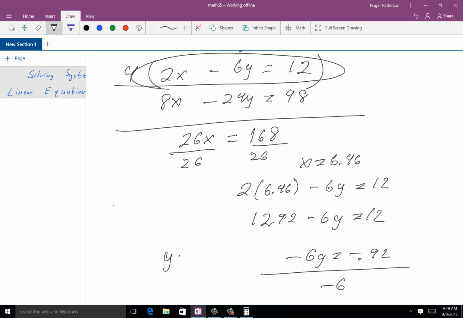So y is equal to 0.15, positive. So there's my point. And the good news is I would be graphing these with Desmos and checking to see.